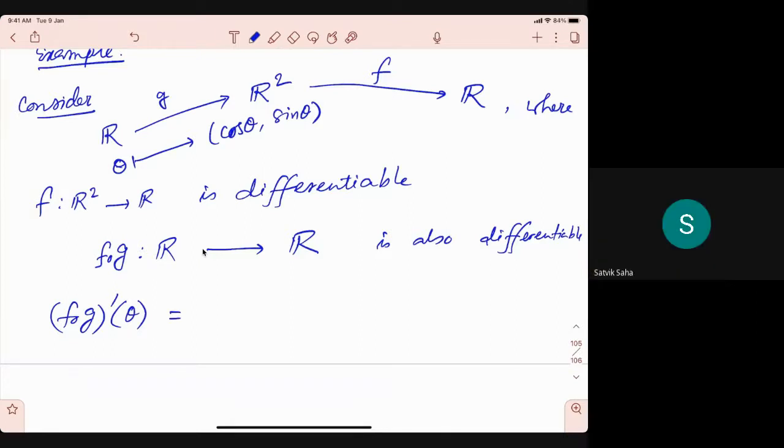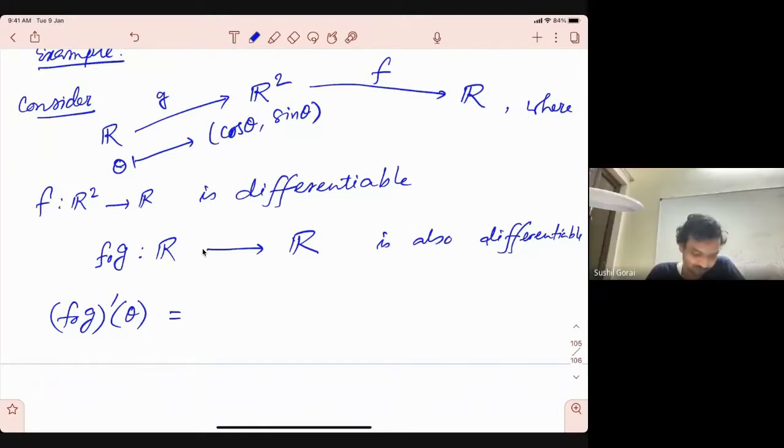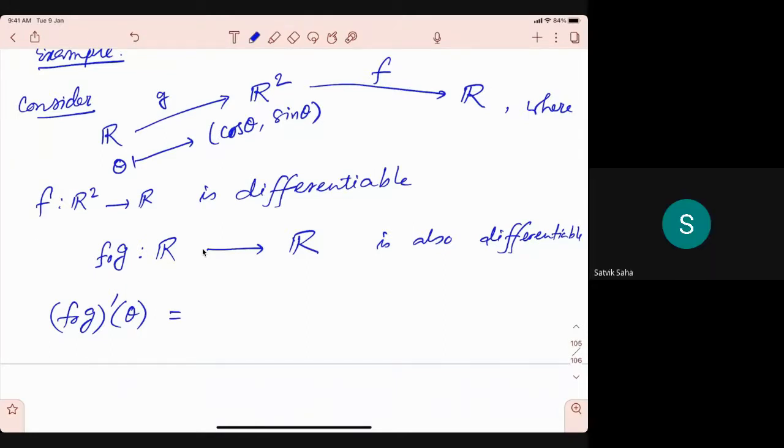Will it be minus sin theta del f del x plus cos theta del f del y?